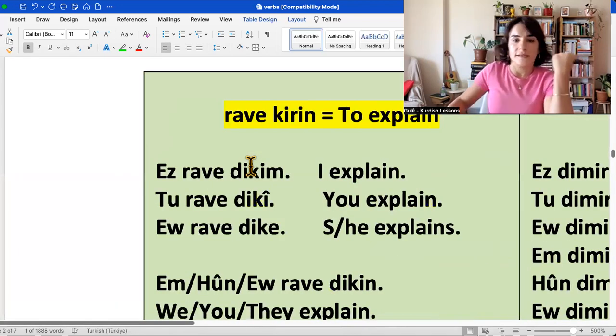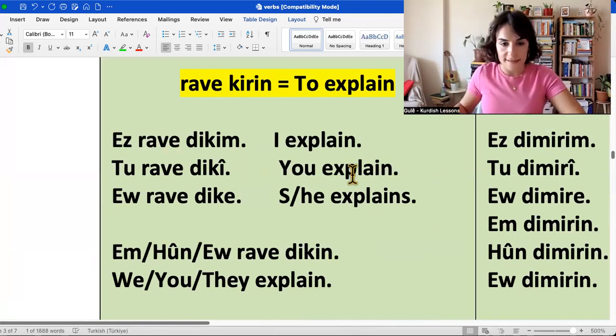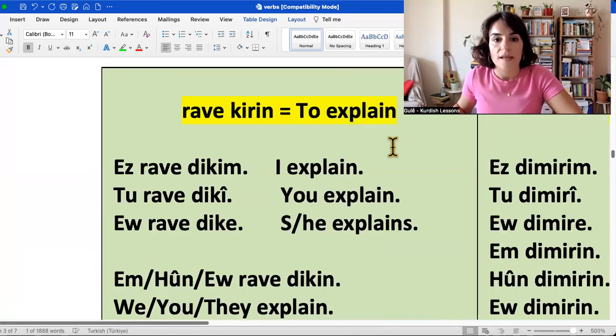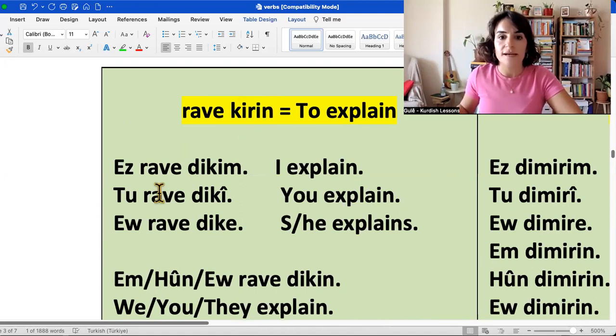So the other example, the other verb is ravekran, to explain. As ravedik. So if you see any verb with kran here, you don't need to change this part, okay? So you will conjugate kran. Ravedikam, ravediki, ravedike, ravedikan.